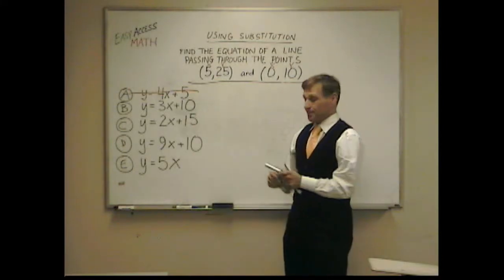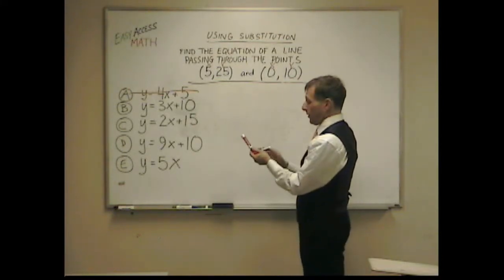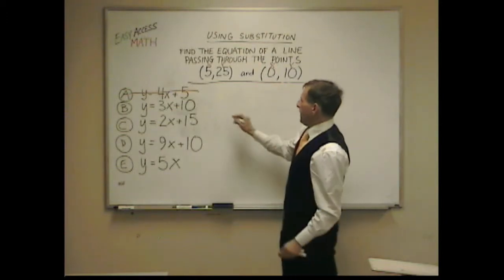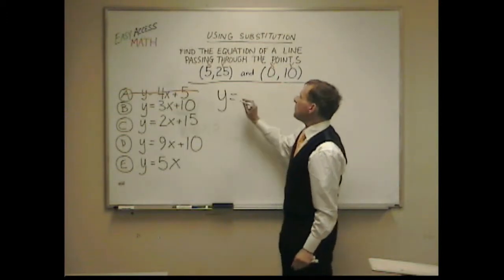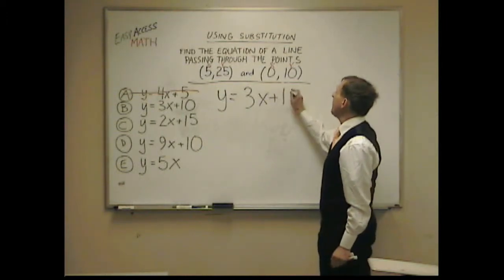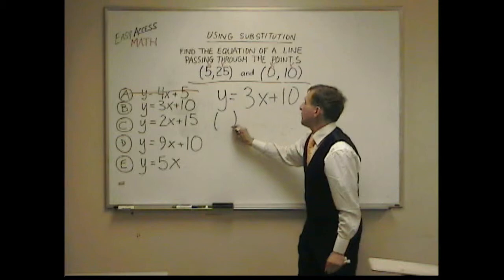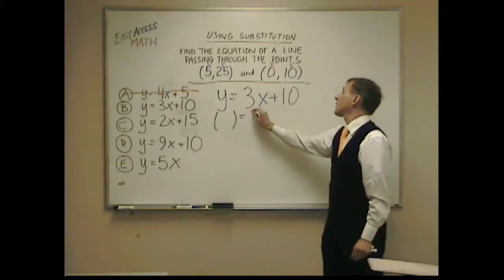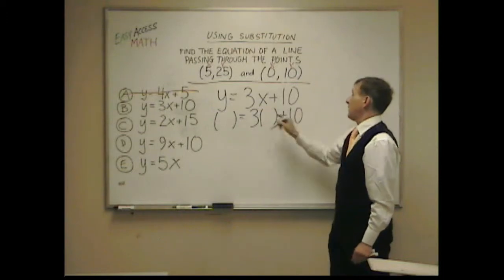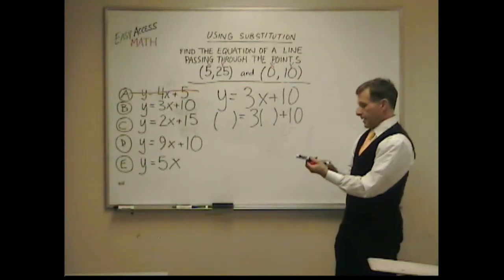Let's try B. Let's substitute for B now. B is y equals 3x plus 10. I'll make room to substitute now using the numbers. 3, and leave room for the x.